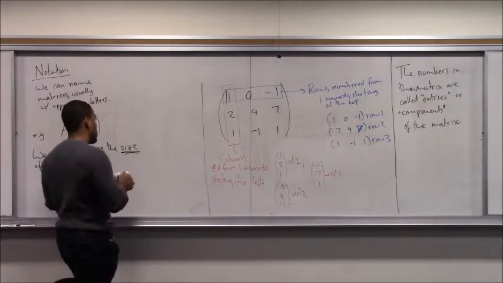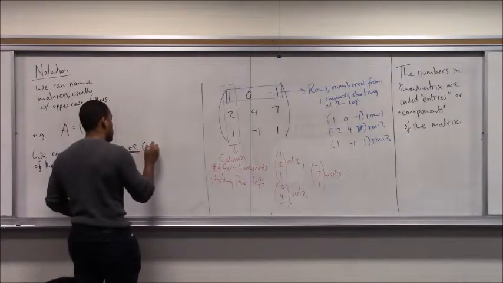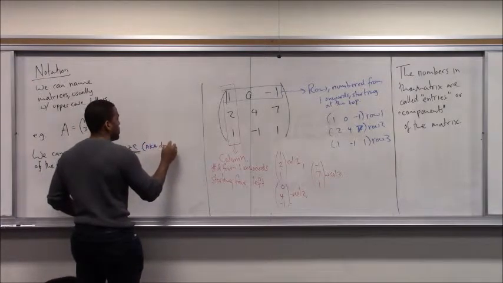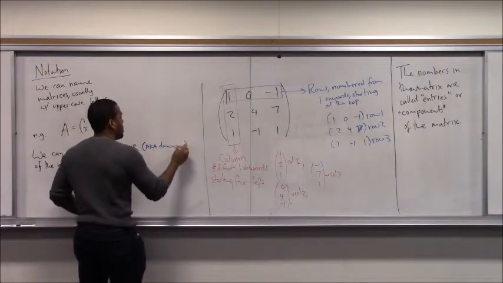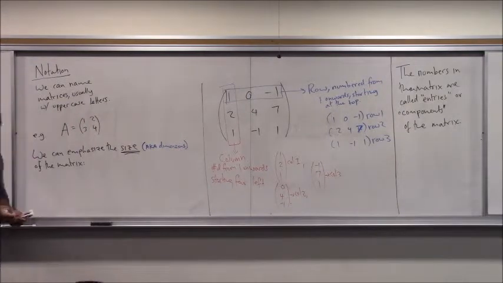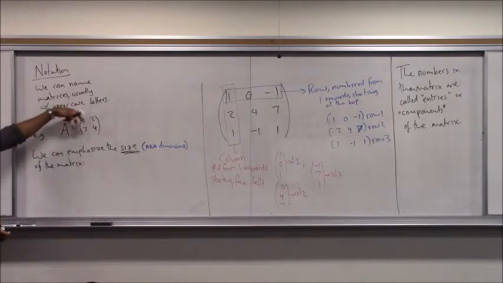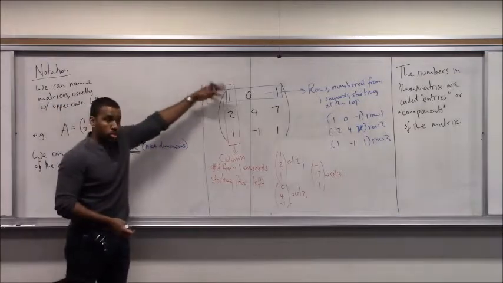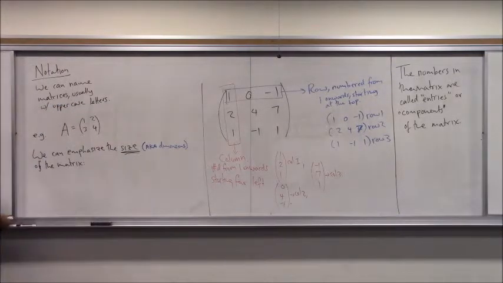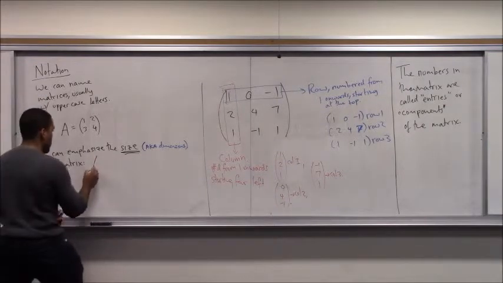That's another phrase for this, aka dimensions of the matrix. Someone is telling you how large it is in terms of rows and columns. They say, okay, this matrix is 2 rows, 2 columns. This one is 3 rows, 3 columns, right? So they always label it by rows and columns.